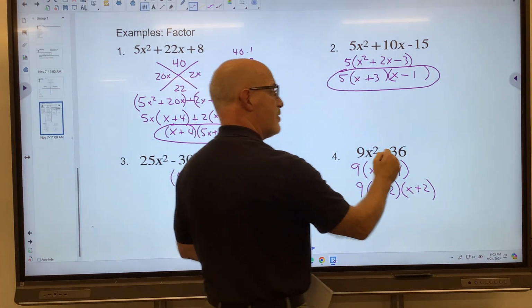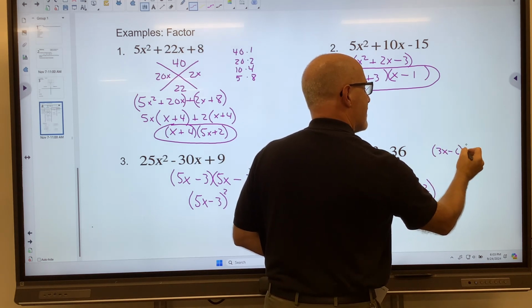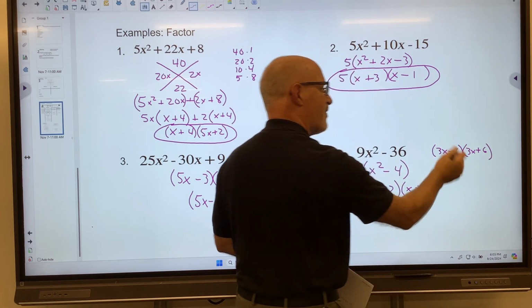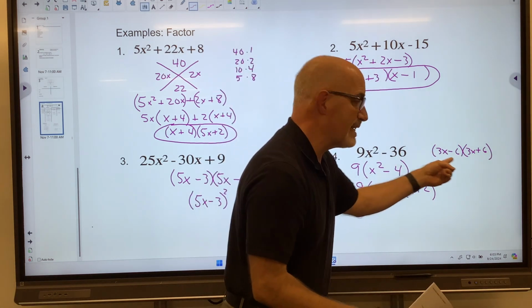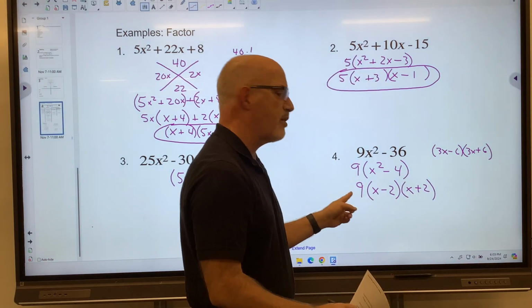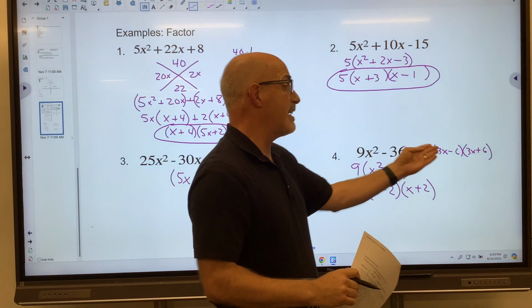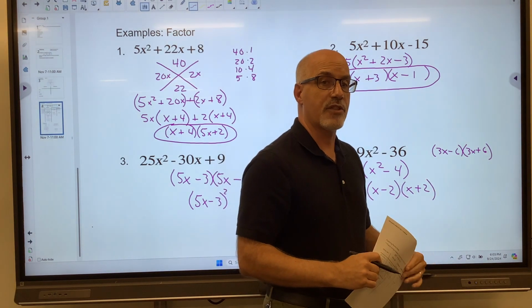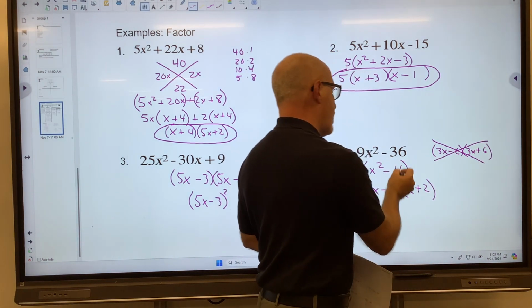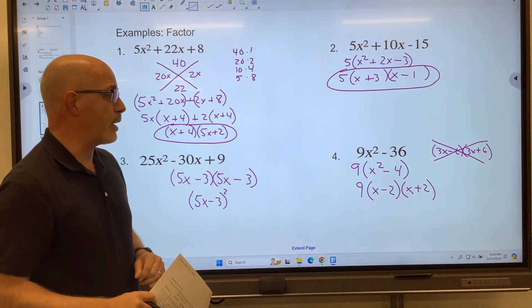Notice again, difference of two squares, you could have made this 3x minus 6 and 3x plus 6. The problem is this is not the final factorization. This has a common factor of 3, so does this. You take them both out, you get the factor of 9. You'd end up here, and you might neglect to see that you've got to take out the greatest common factors. So don't start with this, start with the greatest common factor, and that will get you your final factorization quicker.